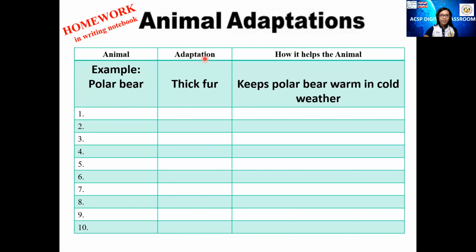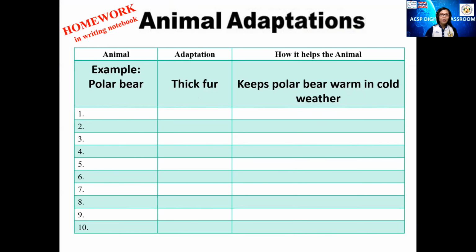Give me one adaptation. For example, polar bear has thick fur. Why does the polar bear have thick fur? How does the thick fur help the polar bear to survive? Explain here. Keeps the polar bear warm in cold weather. That is an example of how to answer this homework.